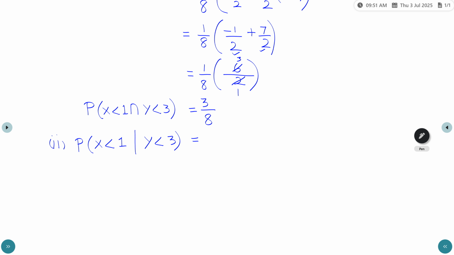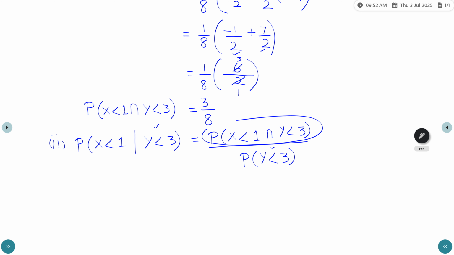The formula for conditional probability is P of x less than 1 intersection y less than 3 by P of y less than 3. This is the conditional probability formula. So we already found the numerator value, P of x less than 1 intersection y less than 3.